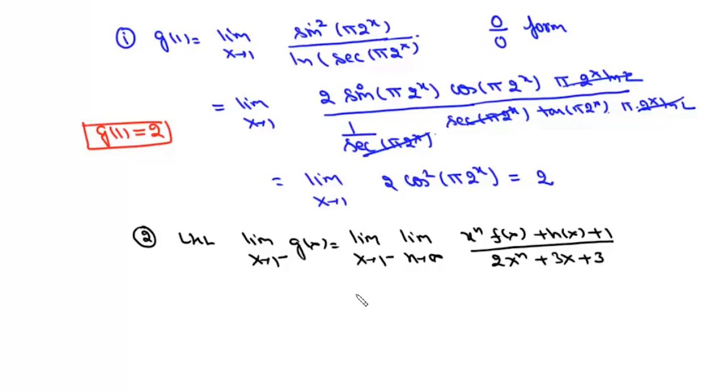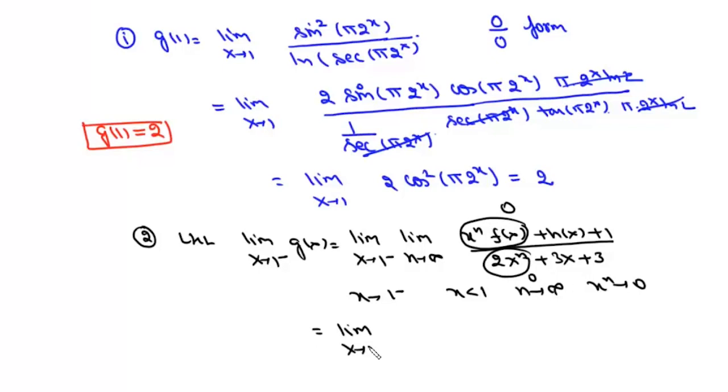Now we know that as x tends to 1 negative, that is x is a little less than 1, then as n tends to infinity, x to the power n approaches 0. So this expression will be 0, and this expression also will be 0. So we can write this as the limit as x tends to 1 negative of (h(x) + 1) upon (3x + 3).